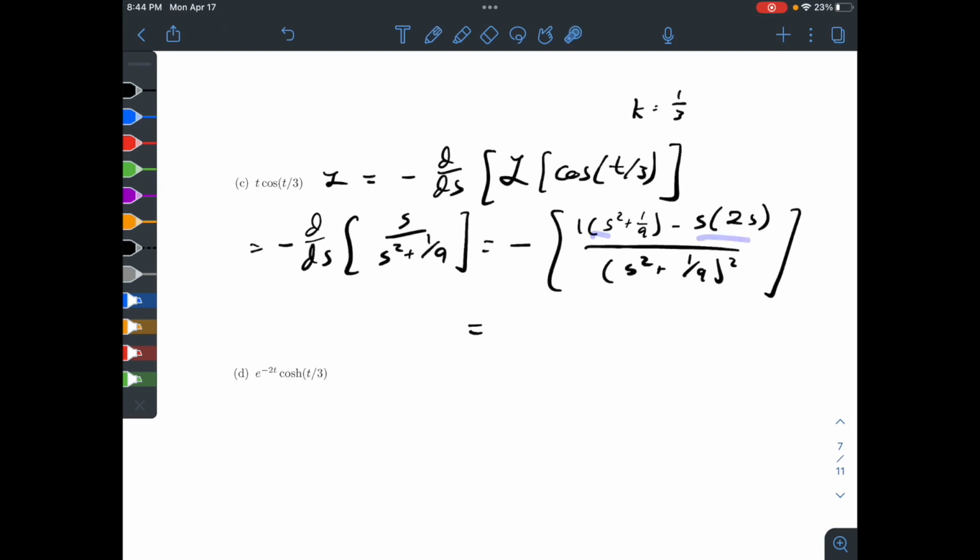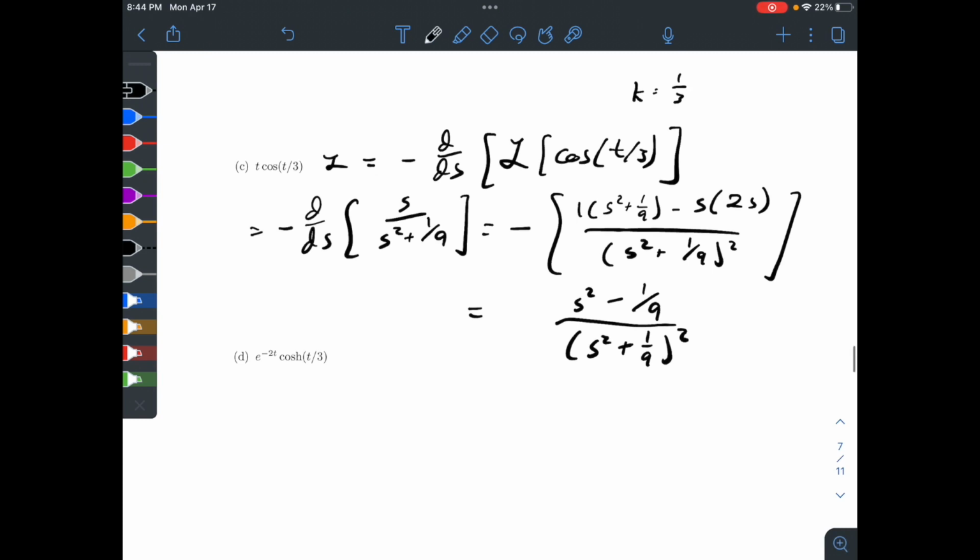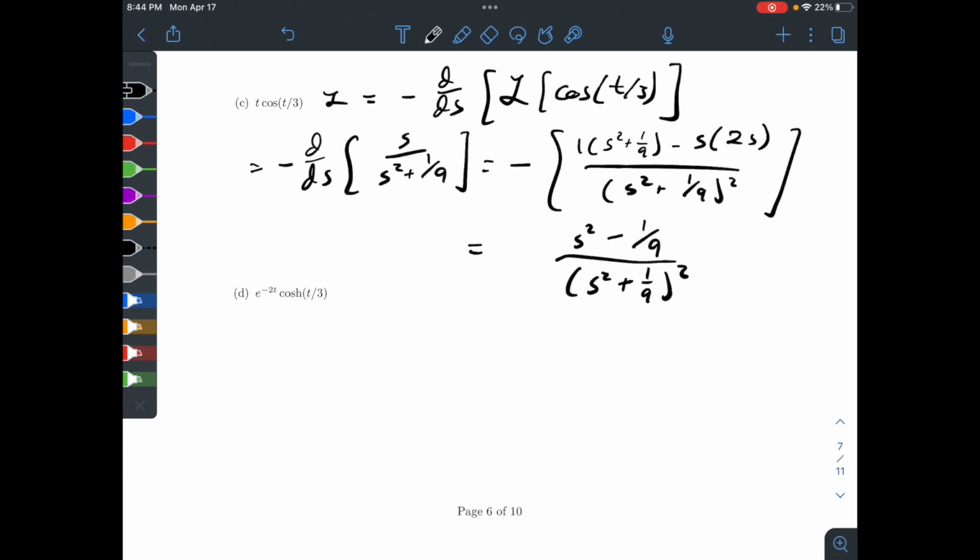So this would be s squared minus 2s squared is negative s squared, and then plus 1/9. But if you want to distribute this negative, it changes the sign of those, so it becomes s squared minus 1/9. And then the denominator just stays like so.